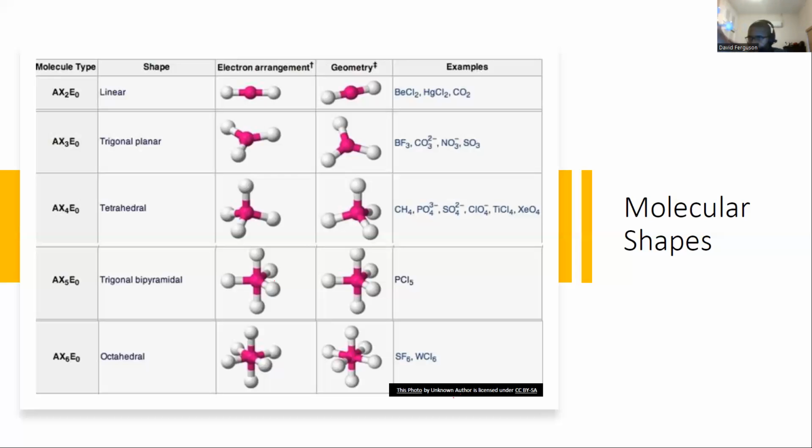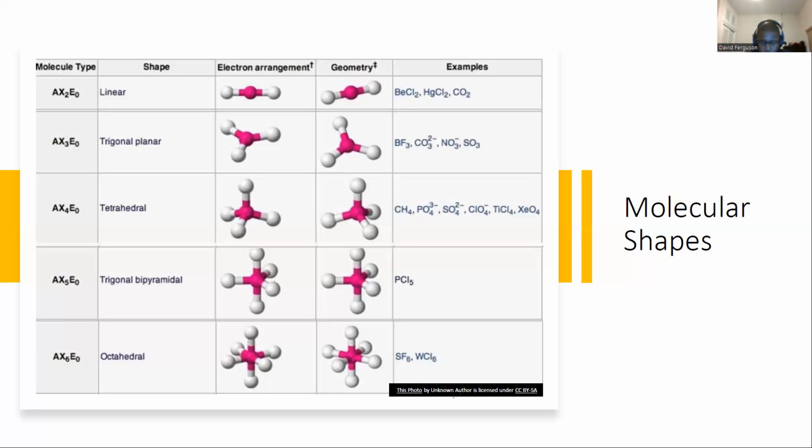PCl5 is trigonal bipyramidal. You have your trigonal face right there, and it's bipyramidal.